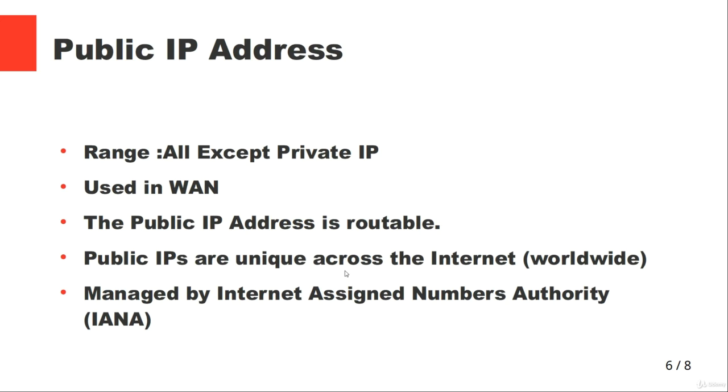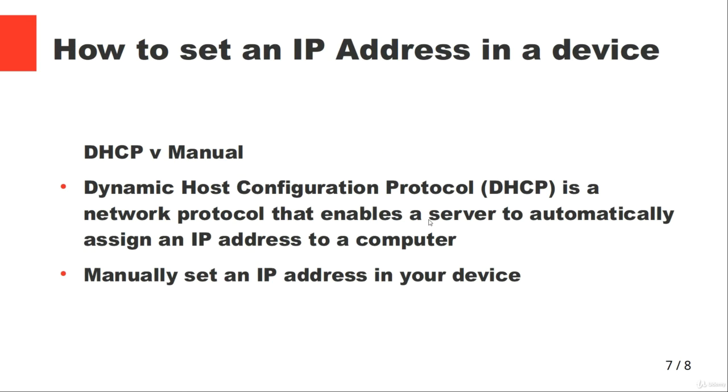There is an international organization, Internet Assigned Numbers Authority, which assigns those addresses to different organizations and businesses and so on. That's why it's called public. Your router will have both: a unique public address, and an address from your local network.